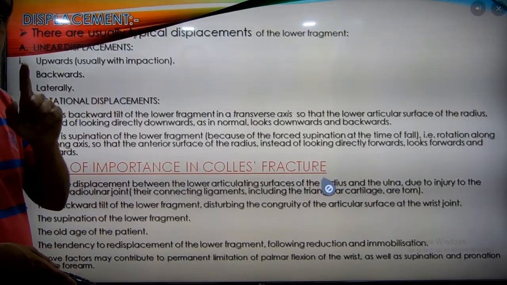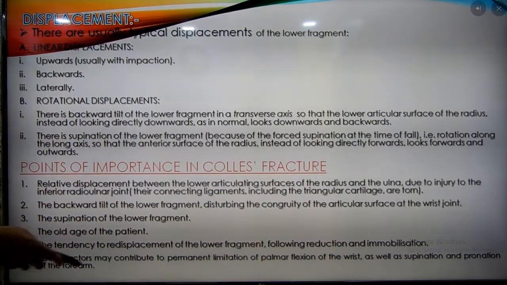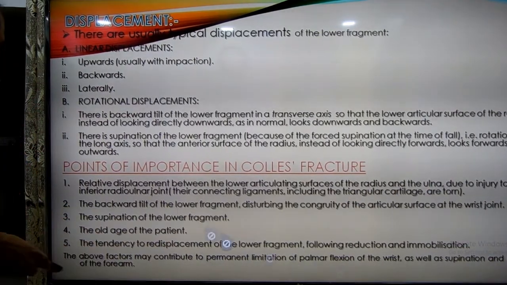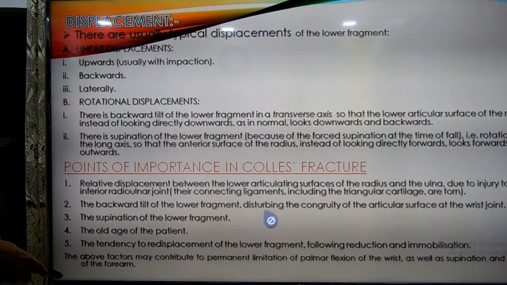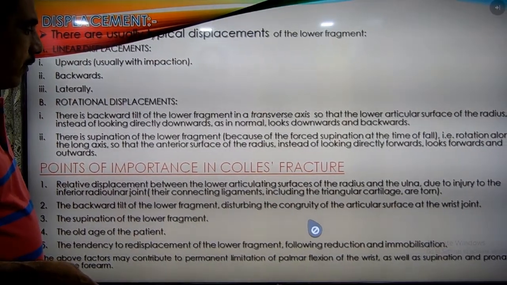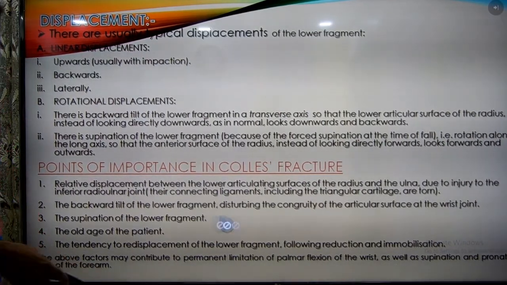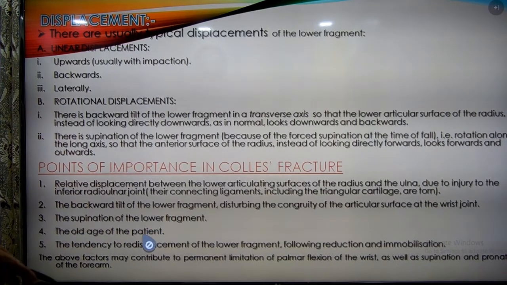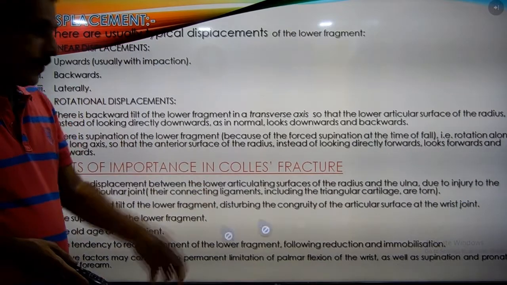Means there is injury to the wrist joint and the radioulnar joint. First of all, the inferior radioulnar joint. Second, the backward tilt of the lower fragment disturbing the congruity of the articular surface of the wrist joint. Third one, the supination of the fragment. So the lower fragment is supinated.